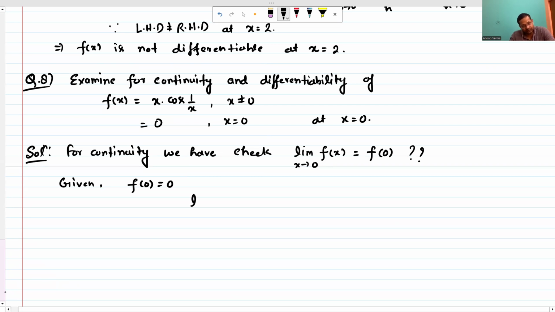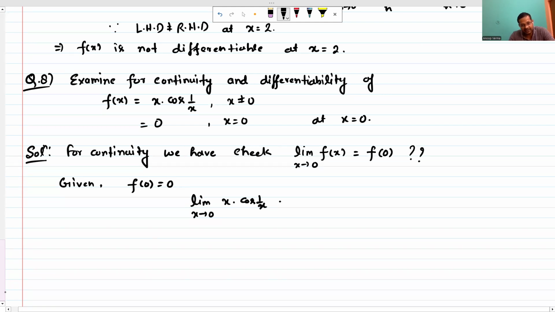So if you are going to calculate the limit x tending to 0 of this function x cos 1 upon x, we have seen that the value of cos is a finite value between -1 and 1. Its maximum value is 1 and minimum is -1.